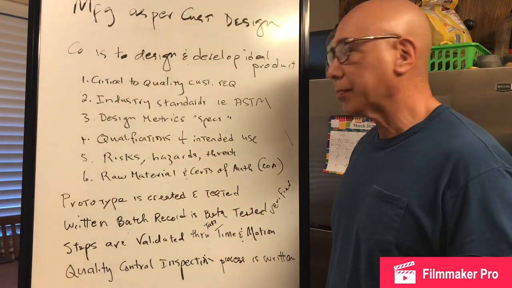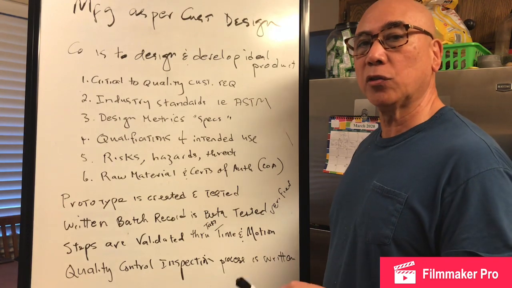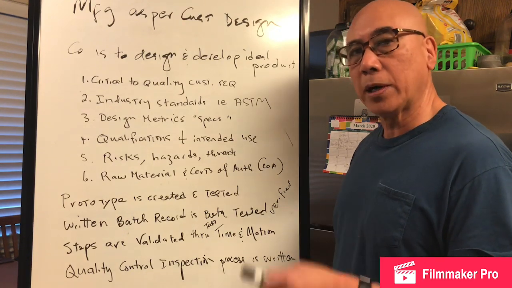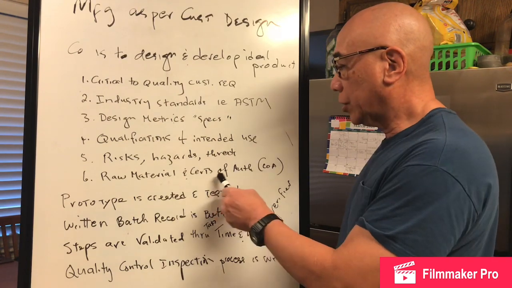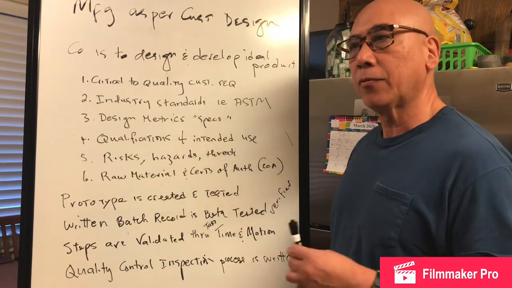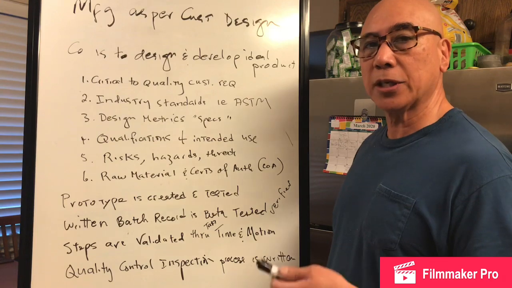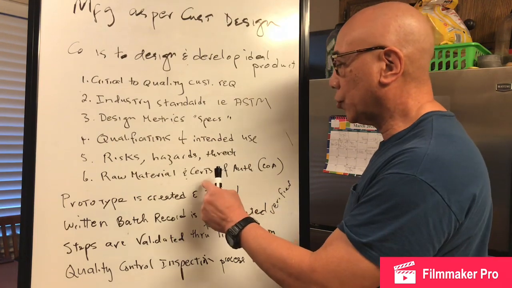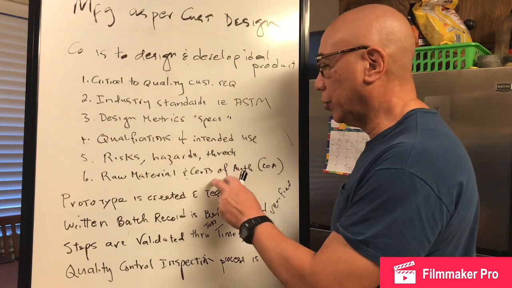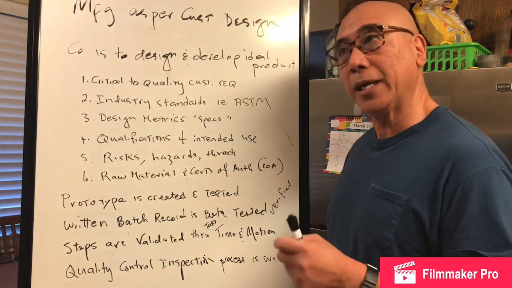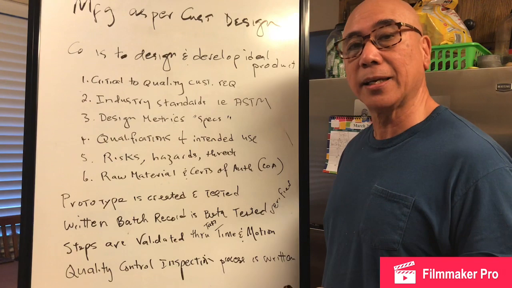And number six, all the raw materials that you will be using for whatever you're making should or shall have a certificate of authenticity. For example, if you purchase salt and it comes with a certificate of authenticity, that will be enough to verify and validate that it is salt.